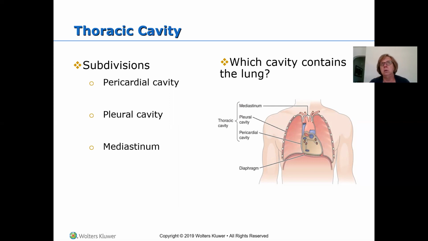The other organ within that thoracic cavity is our heart, and that is housed within the pericardial cavity. Then separating the thoracic cavity from the abdominopelvic cavity is your diaphragm. So hopefully everybody can see that.